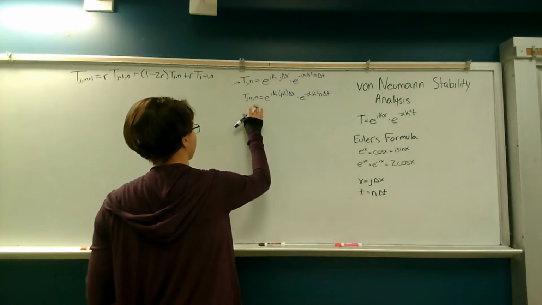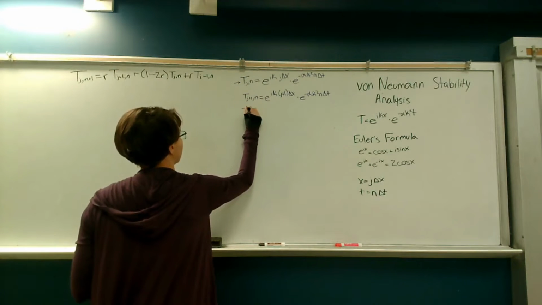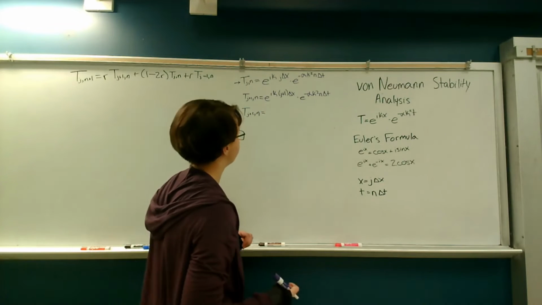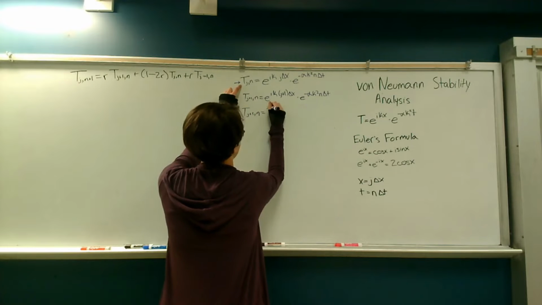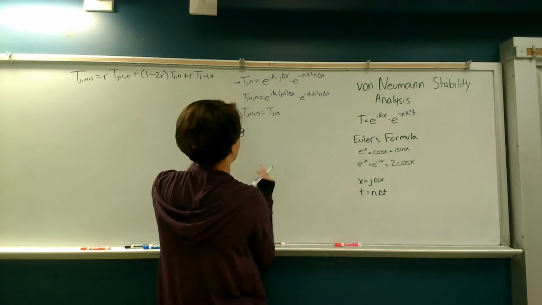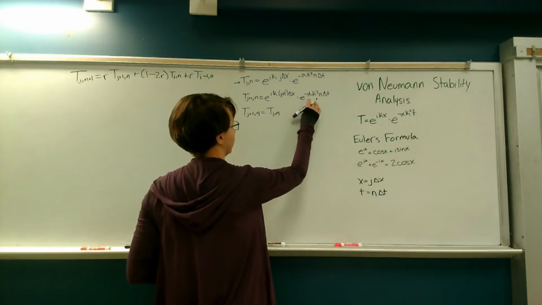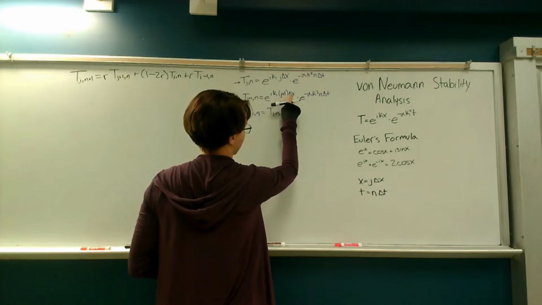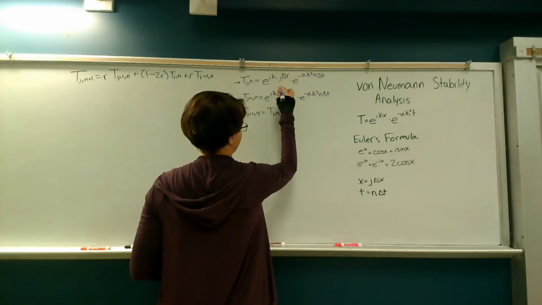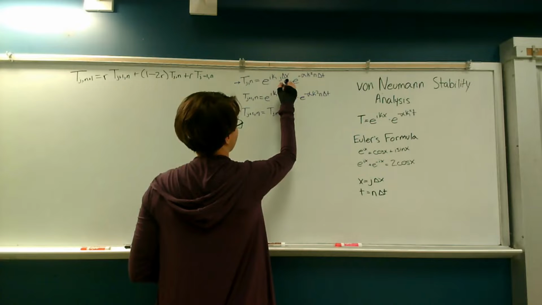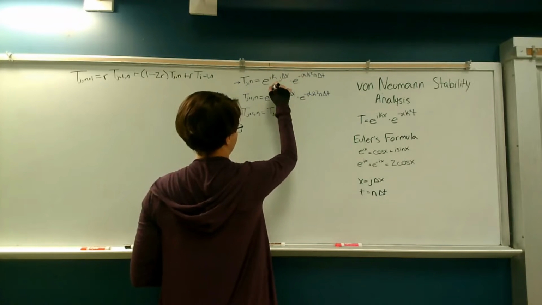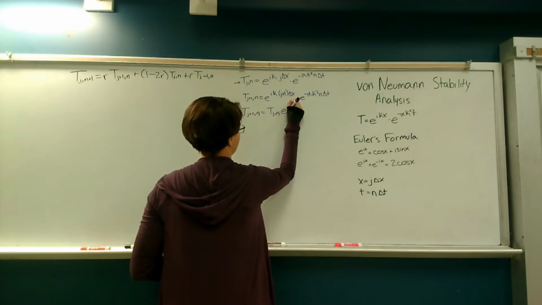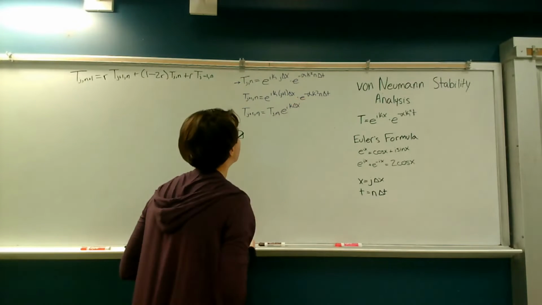Alright, so then we want to put this in terms of T at j at n. So we'll have T at j comma n times some value, so these will cancel out, and then we factor into the j plus 1, and so when we factor into the j, that's this, and then we'll have another 1 times 1, so that would be times e to the i k delta x.